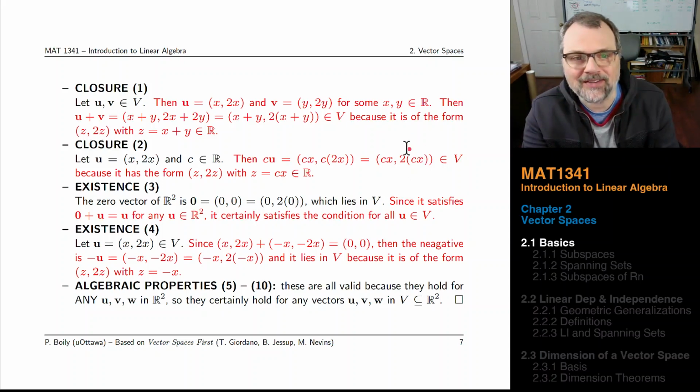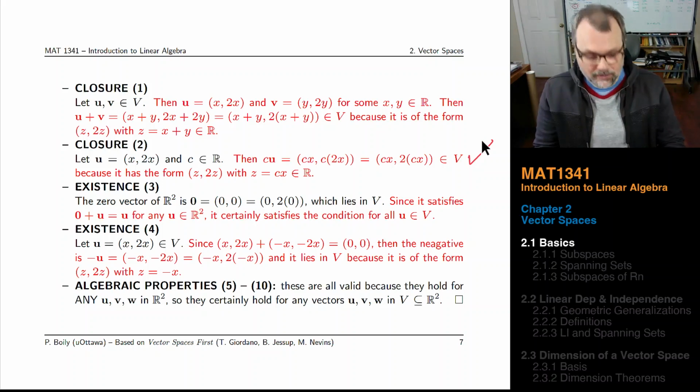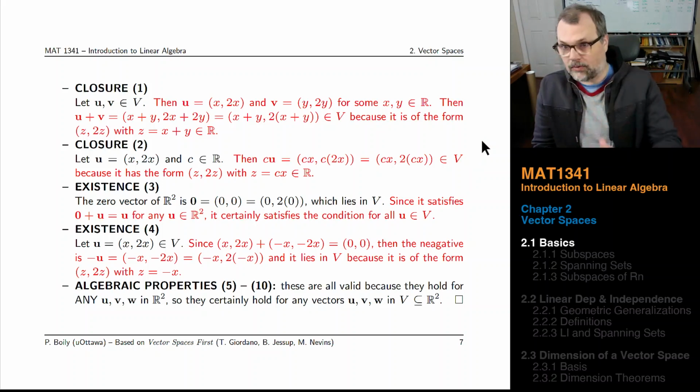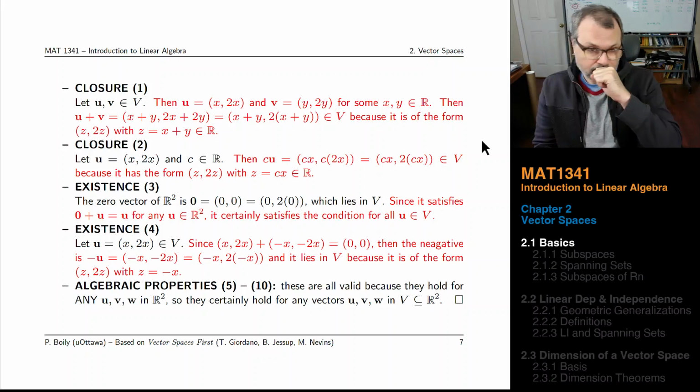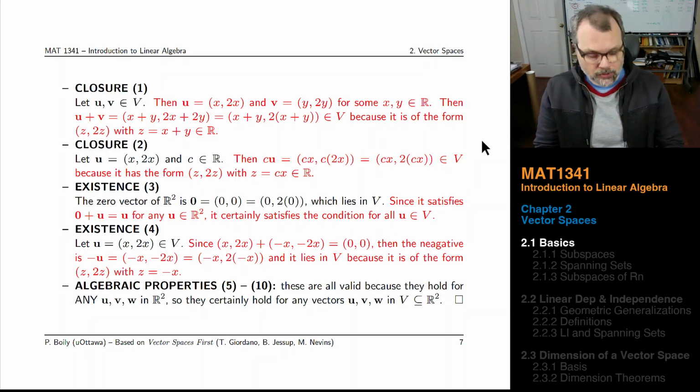And so what we have is that the second coordinate is indeed twice as big as the first, so this product cu is indeed in V. So the space that we've defined, that line of slope 2 through the origin in R2, is closed under vector addition, and it is closed under scalar multiplication. That's a pretty good sign.